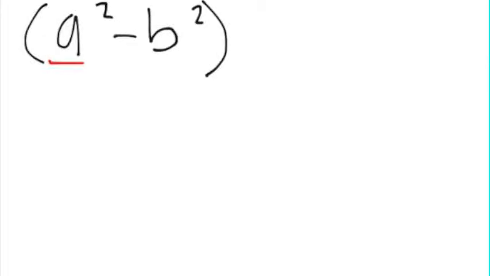Why? Because it has two different sets of variables. Are the two variables inside the binomial being subtracted? Yes. Here's a negative sign. And most importantly, do they have a square root? They do.